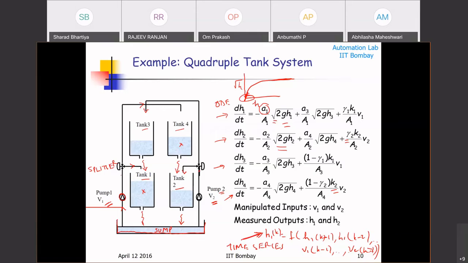Let's say you have used this system in an optimizer, and you want some way of getting those outputs very quickly. If in that optimizer you had put these ODEs, then solving an ODE each time the optimizer calls the function would be very expensive. So that is another side advantage of time series models.